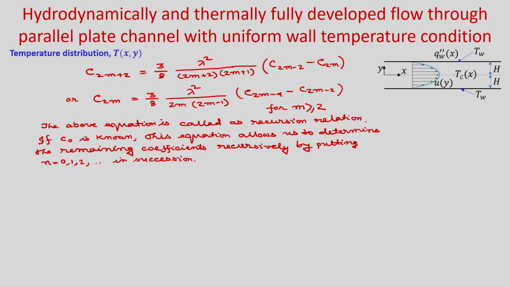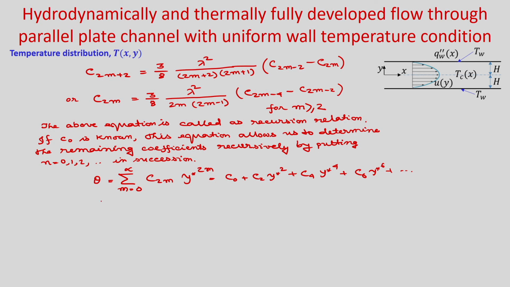So, now let us write the temperature distribution. Your temperature distribution theta, now you can write, because you know that odd coefficients are 0. So, the sum over m is equal to 0 to infinity of C_{2m} y star to the power 2m, that means C naught plus C 2 y star square plus C 4 y star to the power 4, C 6 y star to the power 6 and so on.